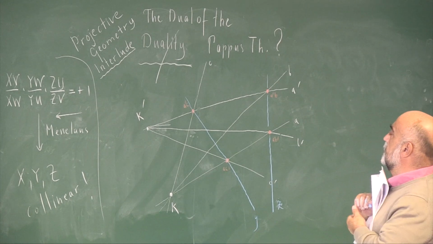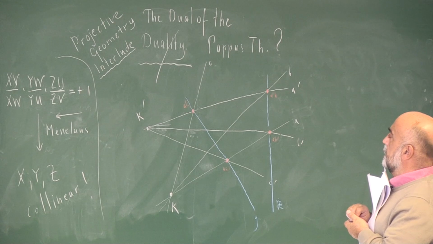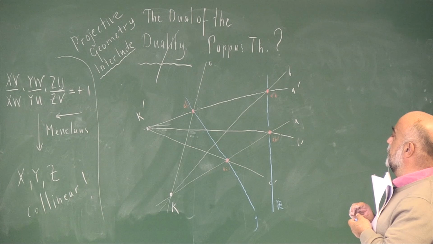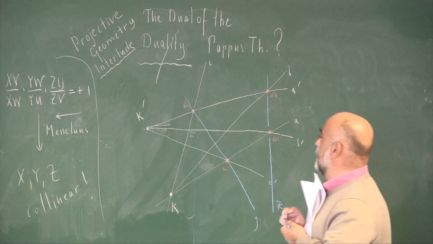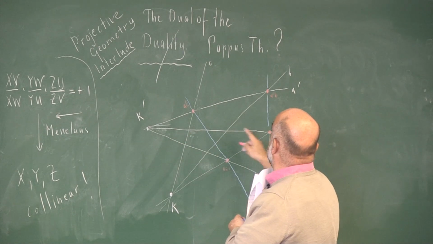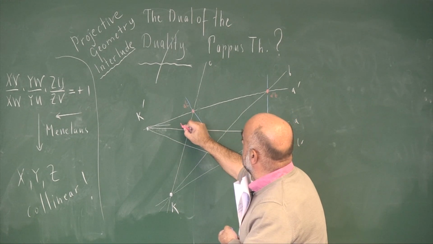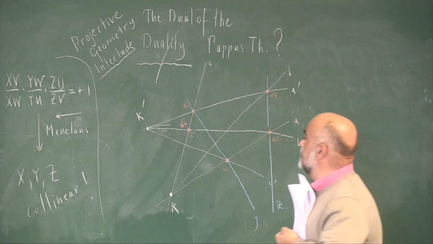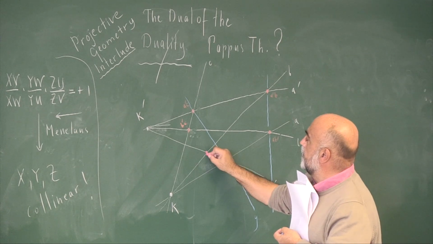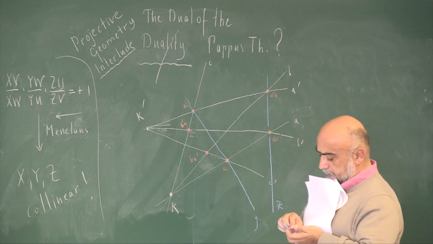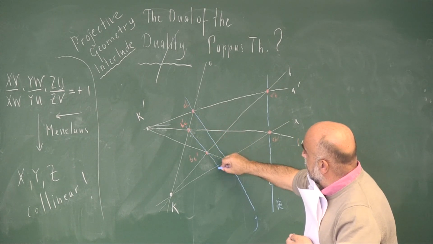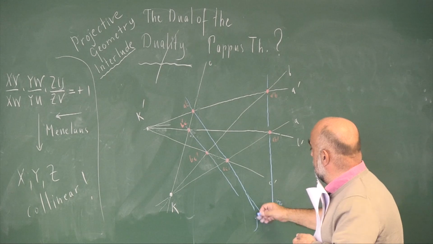And finally, please be good. Okay, B prime C and B C prime. So these 2 points determine a line, and do they or do they not?